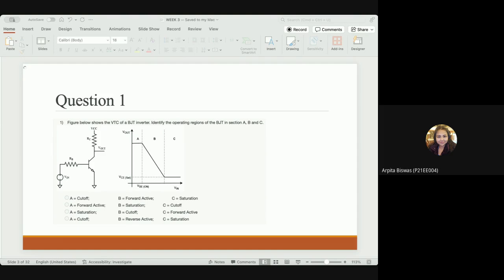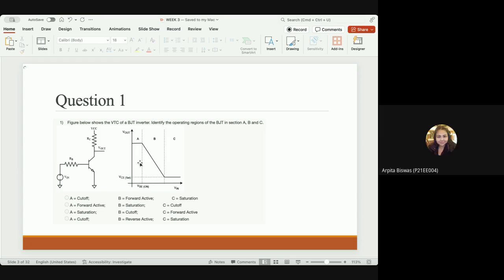Can anyone explain a little bit why option A? Manoj? Yes, ma'am. When the input voltage is less than VB, where VB is 0.7 volt, the transistor is in the cutoff region.